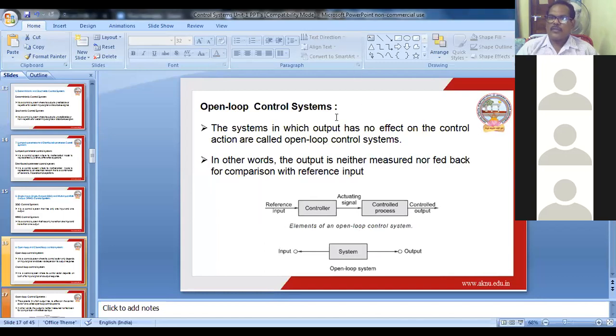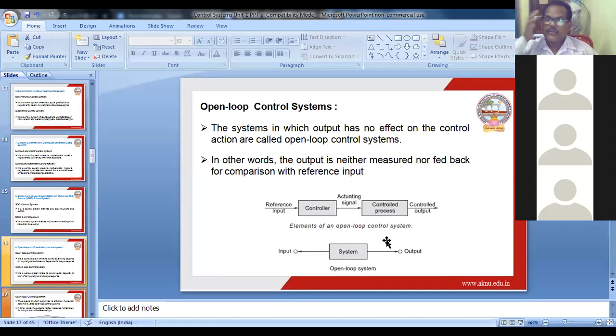Generally, the reference input is also called an excitation input to excite the system. And it is the controller which generates the activating signal, which activates the controlled process or the system. Then we get the output. So here there is no feedback.